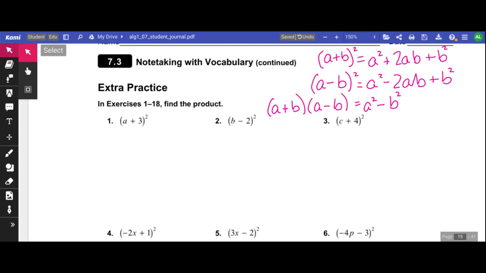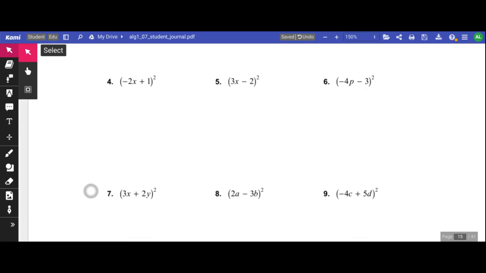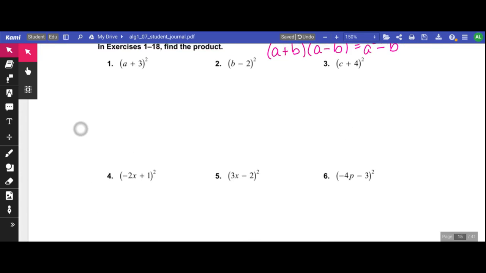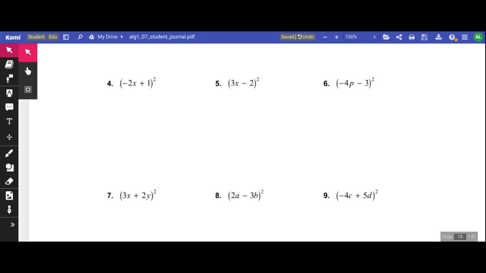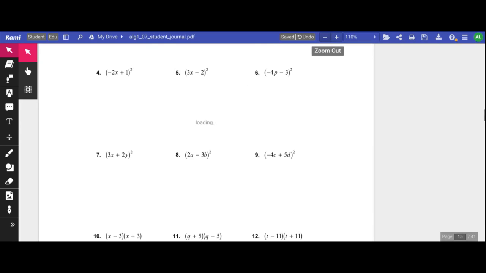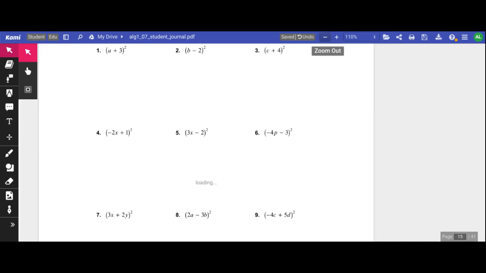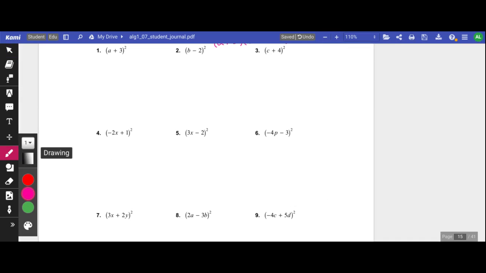Let's do a couple with a little bit harder math than I did earlier, so we get some better practice. Okay, over here, this negative 2x plus 1. Right? Negative 2x plus 1. I know this is an a plus b squared problem. Right, so I know it's going to be a squared plus 2ab plus b squared.